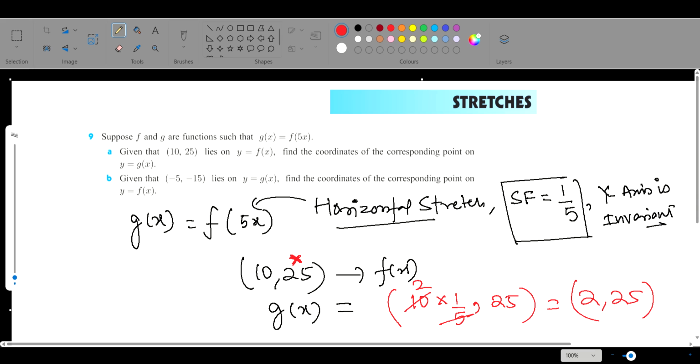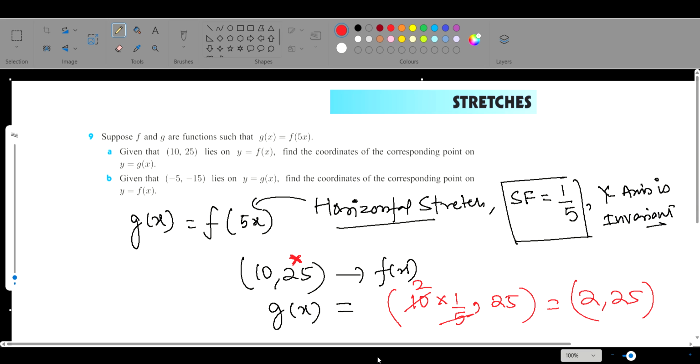Now can you tell me about part b? For b, you have to do reverse engineering because (-5, -15) lies on g(x), and you need to figure out the f(x) coordinate. So one thing will remain the same, that is y.